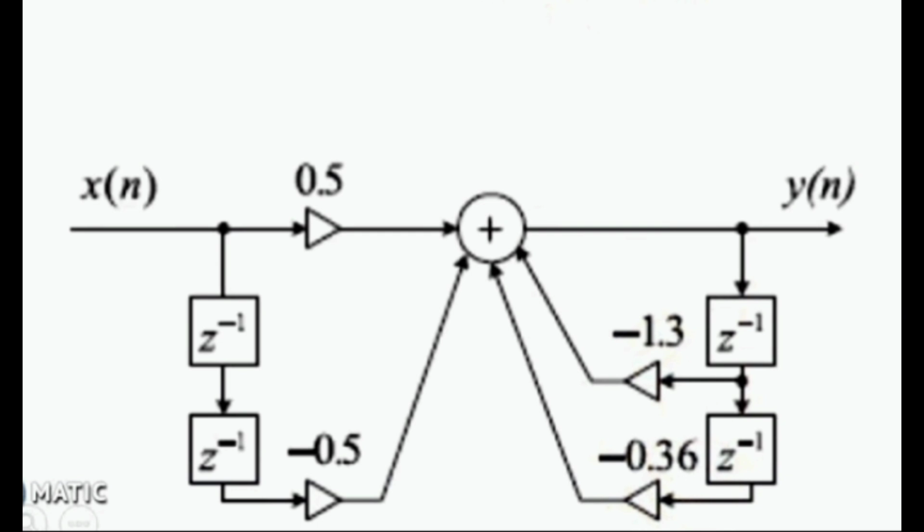structure like this. In that, if you see, the first one, the left hand side, is the zeros, and the right hand side one is the poles, right?